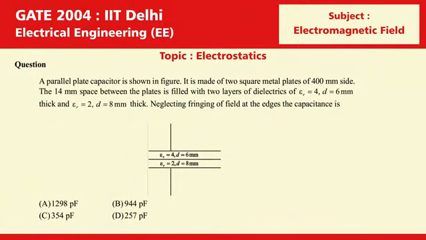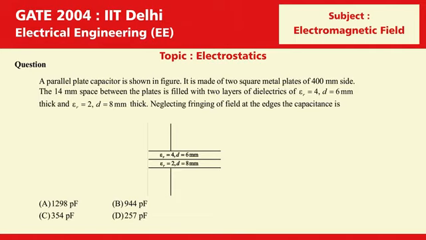This question was asked in GATE 2004. A parallel plate capacitor is shown in the figure. It is made of two square metal plates of 400 millimeter side. The 14 millimeter space between the plates is filled with two layers of dielectrics: epsilon r equal to 4 and d equal to 6 mm thick, and epsilon r equal to 2 and d equal to 8 millimeter thick.